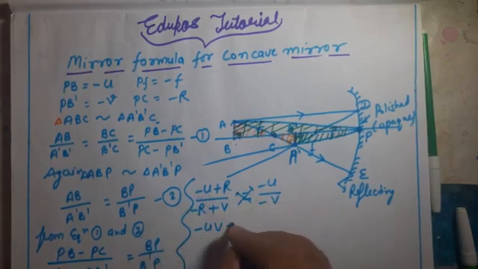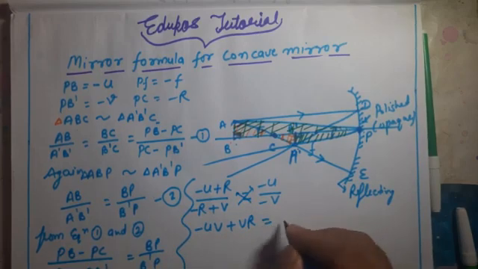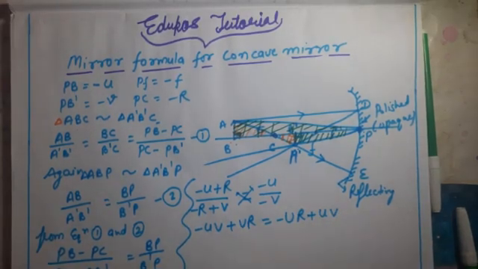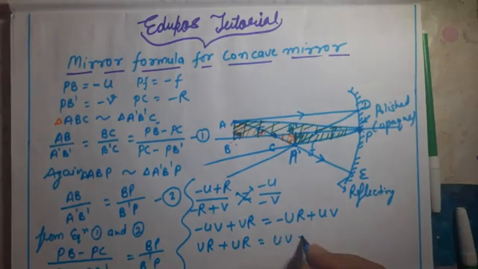it will give us minus UV plus VR is equal to minus UR plus UV. Okay, so VR plus UR will be equal to UV plus UV. And we know R is equal to 2F, so we can write 2VF plus 2UF is equal to 2UV.